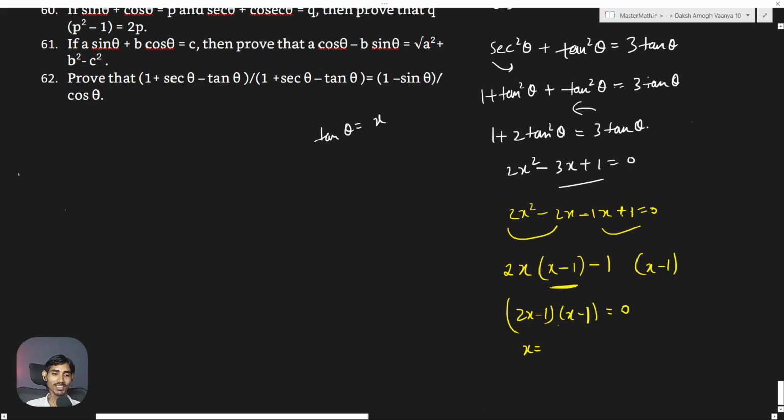You don't have to find that. 2x minus 1 or x minus 1 equals 0, we already got it. Tell me the next step. I want the x values. How do we get x? 2x minus 1 equals 0 or x minus 1 equals 0. Okay. What is the x value? X is 1 by 2.